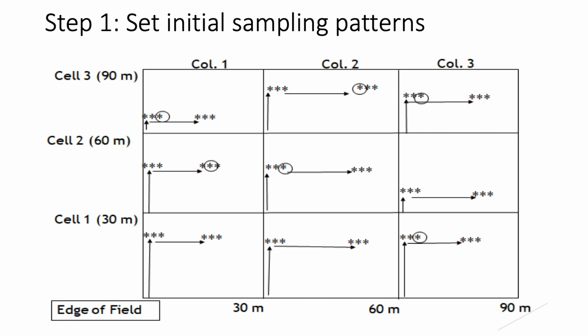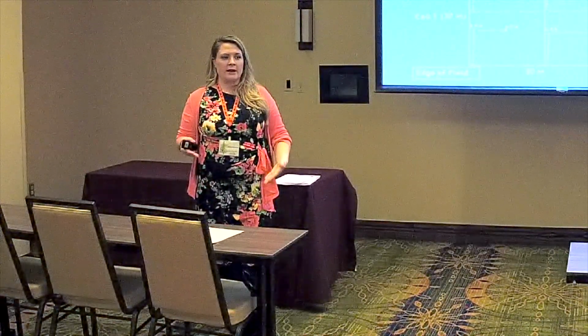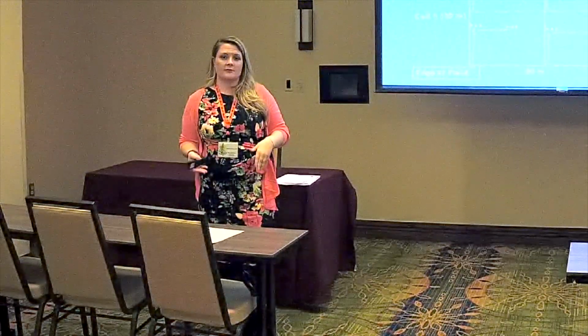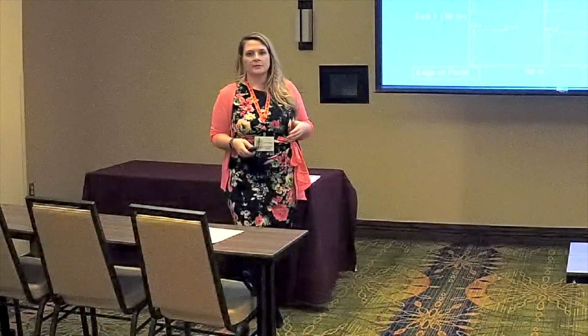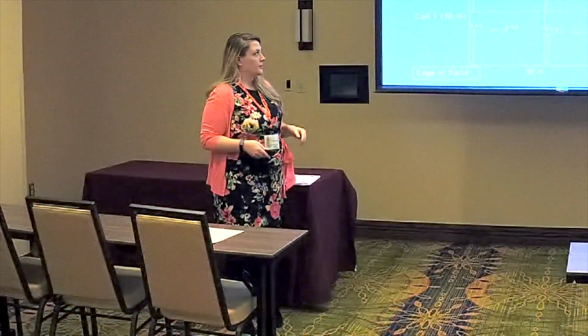And then within each column, we randomly selected 2 plants from each column that were completely enumerated for aphids per leaf, starting from the bottom leaf all the way up to the flag leaf in most situations.